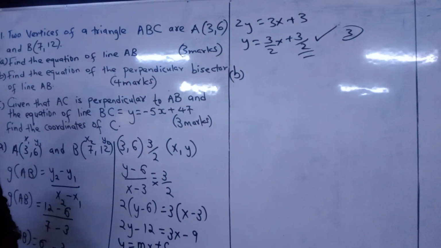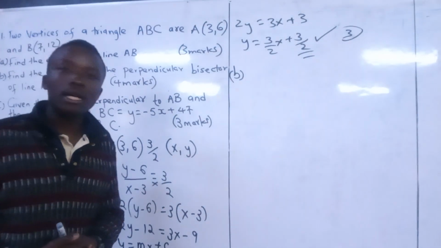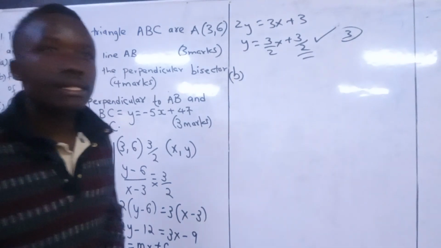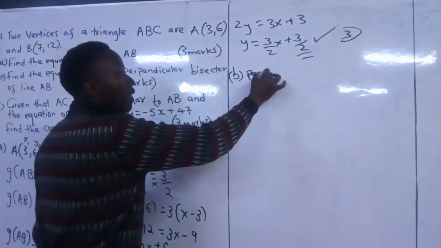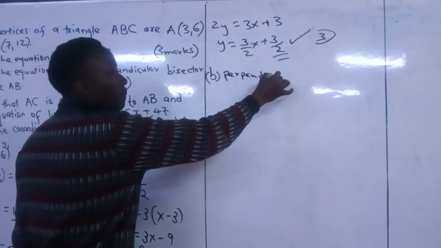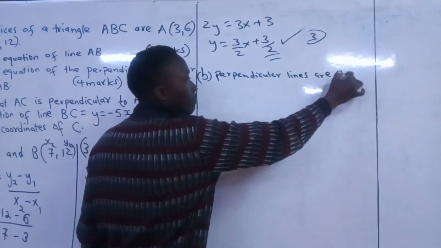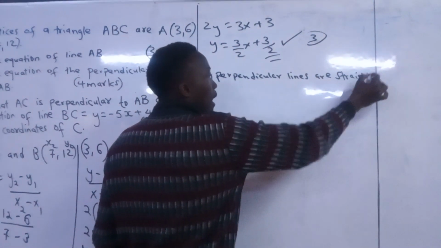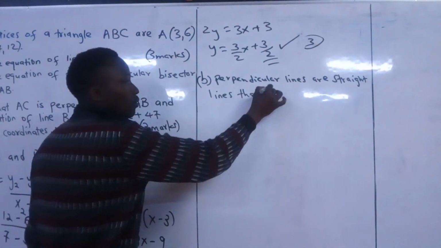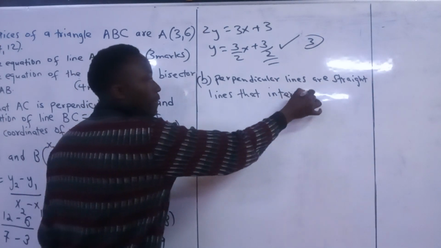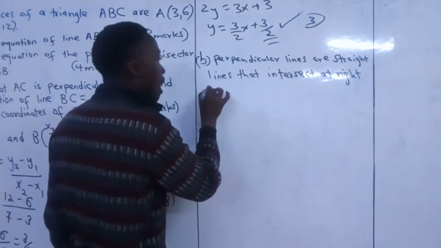When we are discussing perpendicular lines, we simply say that perpendicular lines are straight lines that intersect at a right angle.